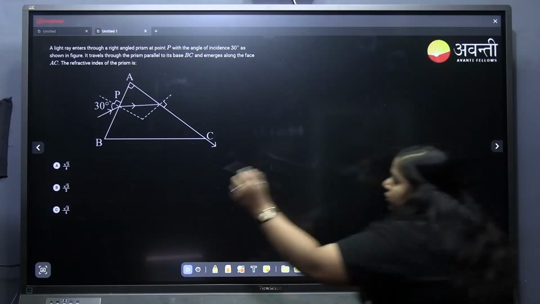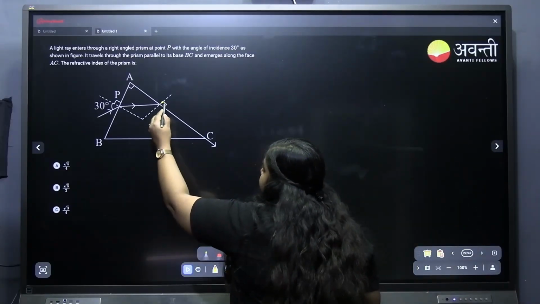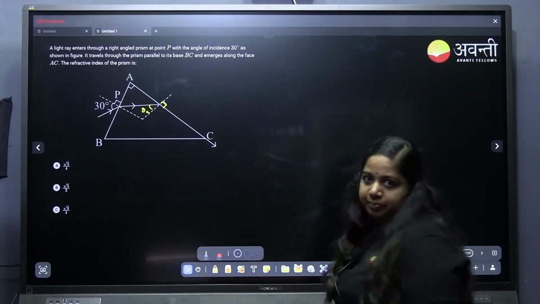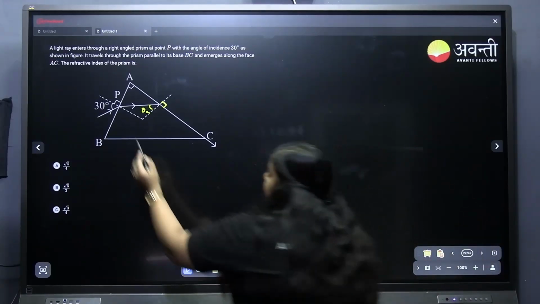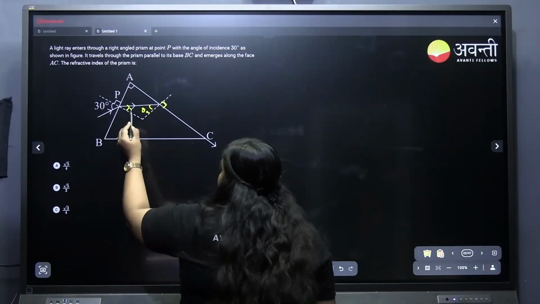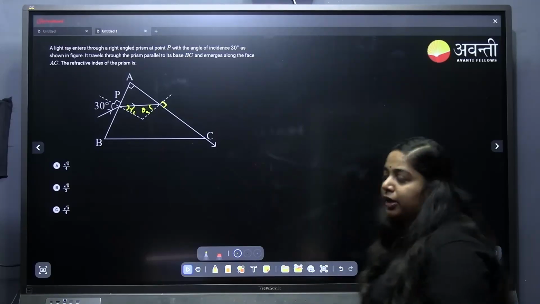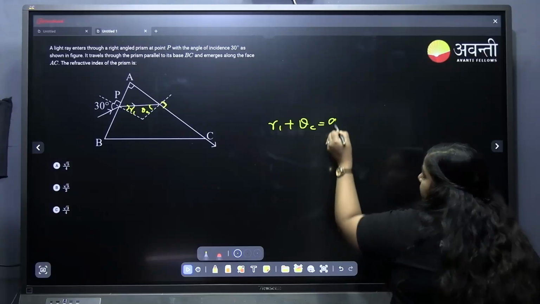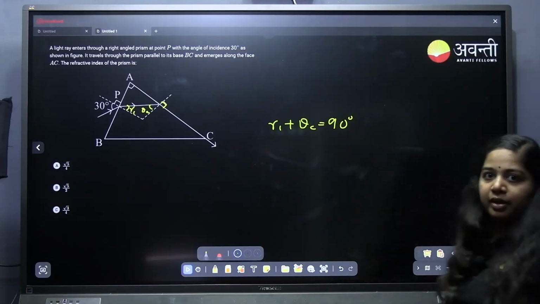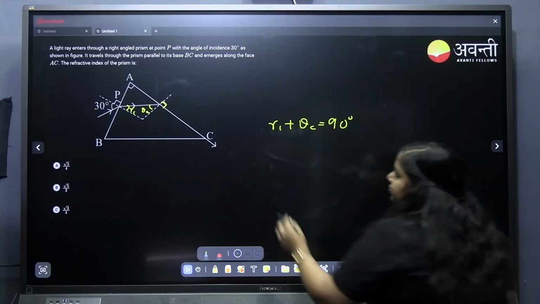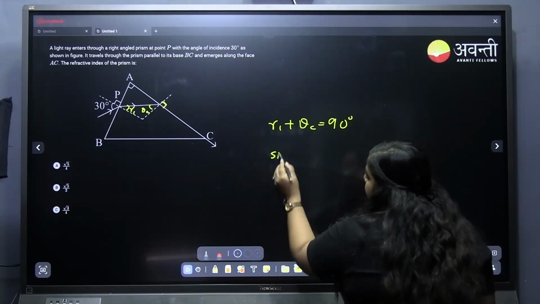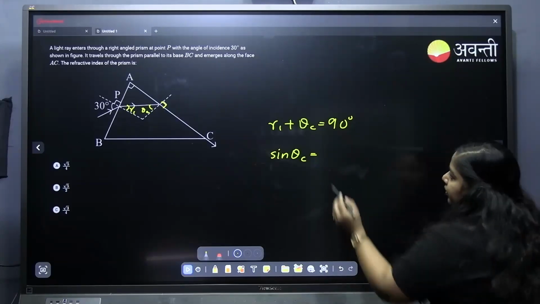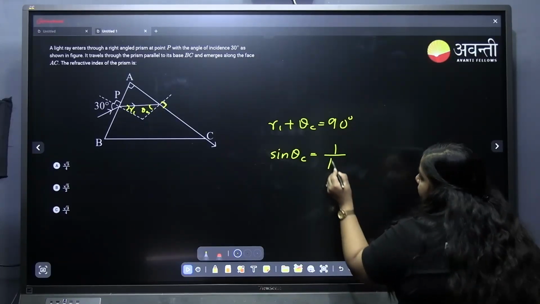Okay, let's talk here. This is 90 degree, which means this will be the critical angle theta C, and this angle will be R1. We know that R1 plus theta C is equal to 90 degree. Similarly, sin theta C will be equal to 1 by refractive index.